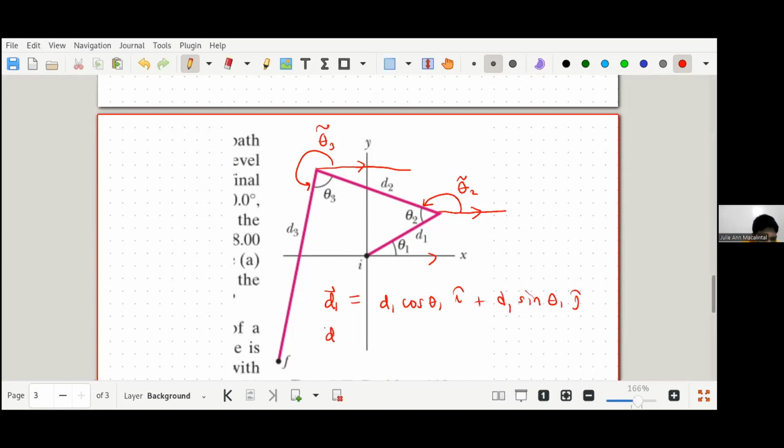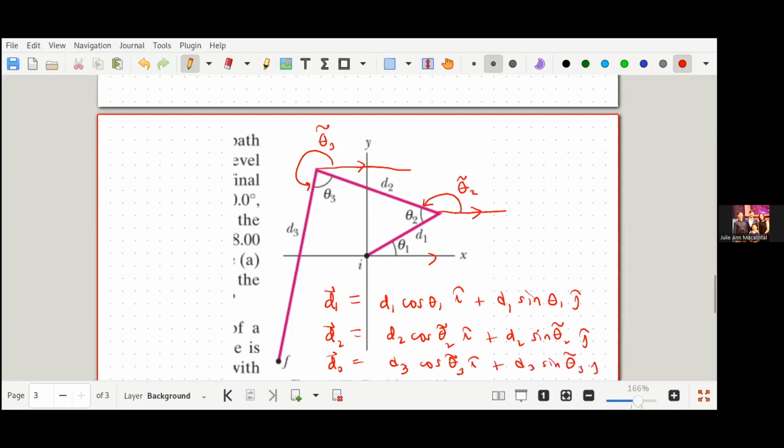The second displacement in terms of theta tilde is D sub 2 cosine theta tilde 2, and D sub 3 is D sub 3 cosine theta tilde 3 j hat. So you need to find theta 2 tilde and theta 3 tilde, and once you have those, you can just plug them in here. That's one strategy you can use.